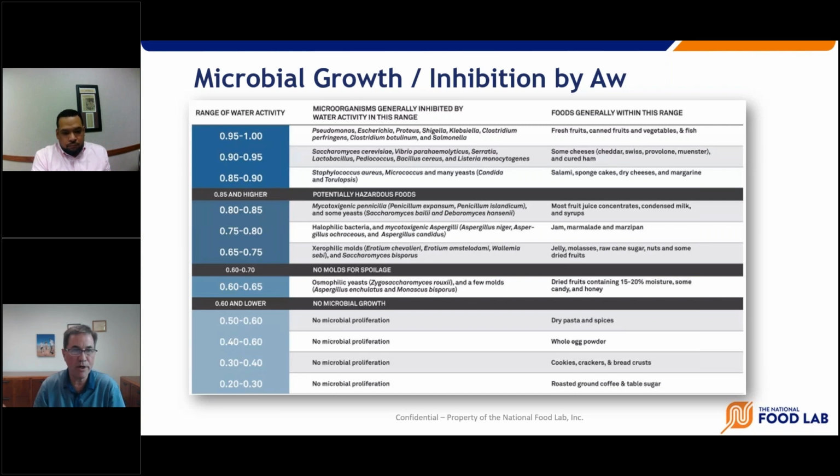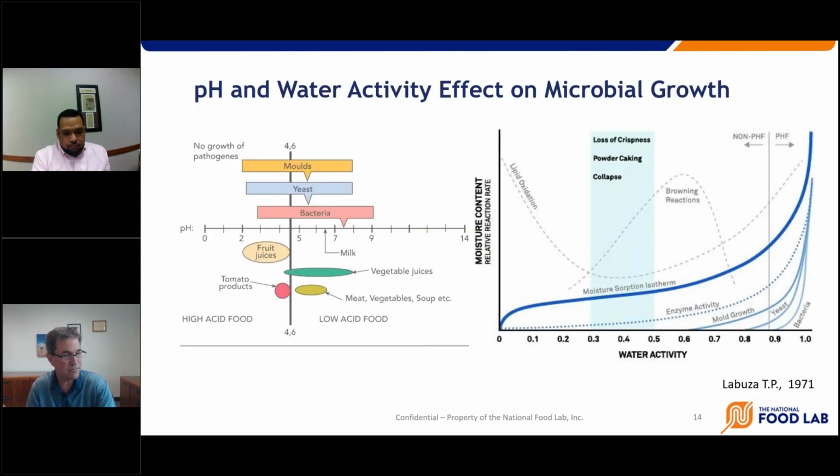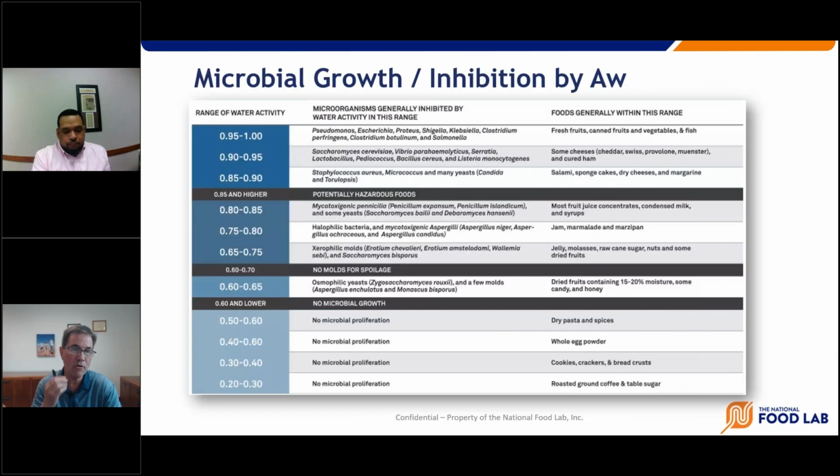Malcolm had mentioned 0.85. The key about 0.85 is that it covers all of our pathogenic microorganisms. So Staph aureus is one of the last ones we worry about as far as decreasing water activity. Then you start getting into some of the yeasts and molds that'll grow.